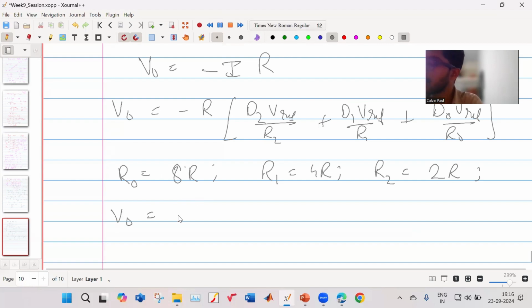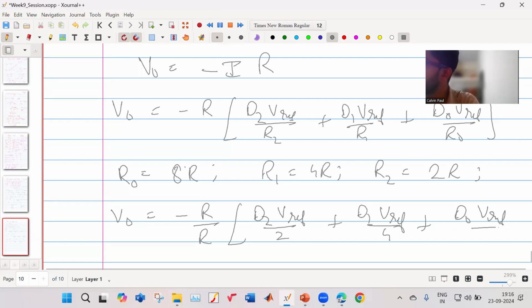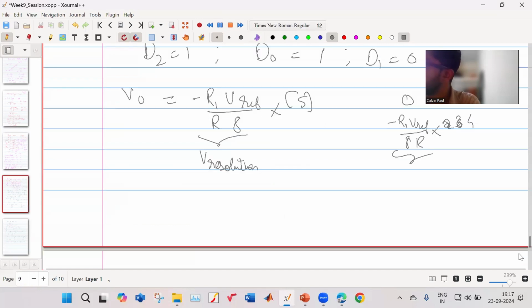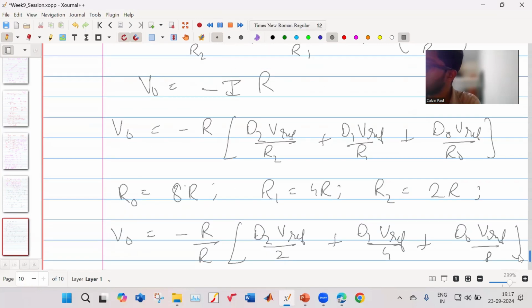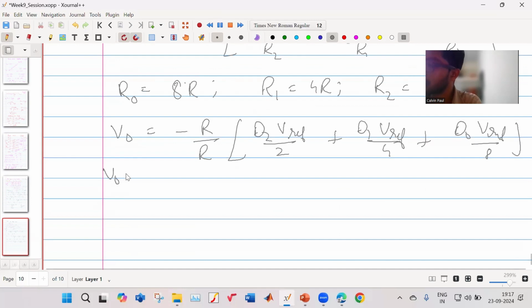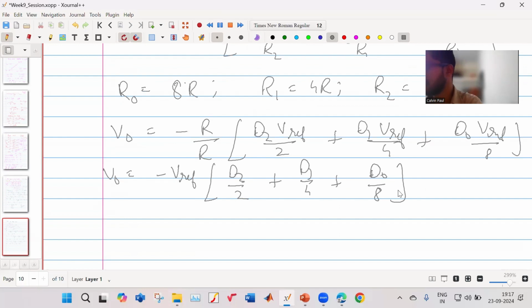So we get V0 is equal to minus R upon R into D2 Vref by 2 plus D1 Vref by 4 plus D0 Vref by 8. So that makes your V0 equal to minus Vref times D2 by 2 plus D1 by 4 plus D0 by 8. Okay.